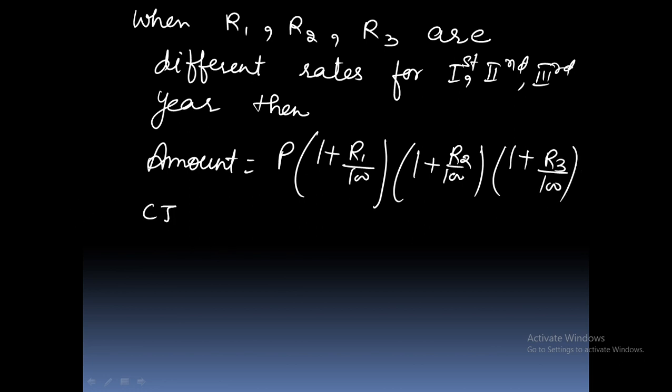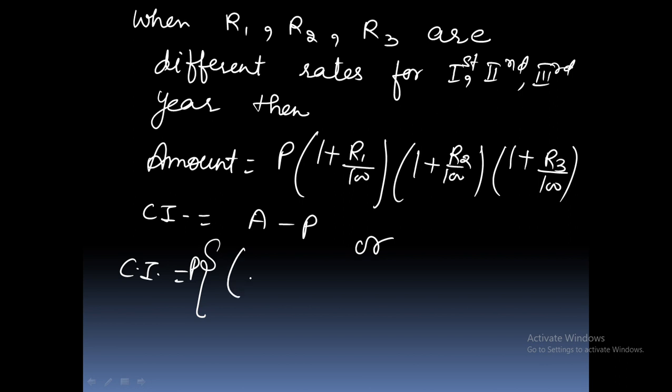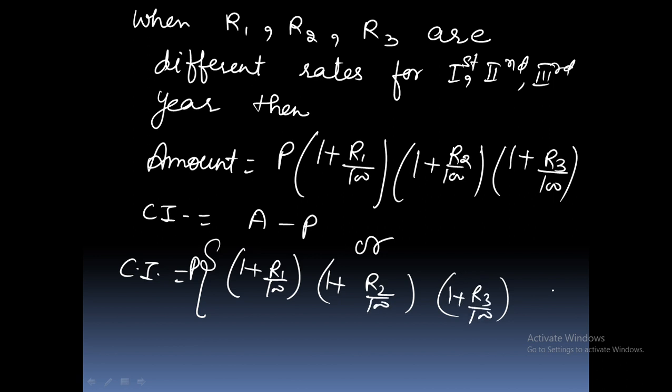Or compound interest will be A minus P, or you can use this formula directly: before the curly brace start we write P, and in round brackets all these values are repeated, 1 plus R1 over 100, 1 plus R2 over 100, 1 plus R3 over 100. Here we will not take the power, minus 1, curly braces close.